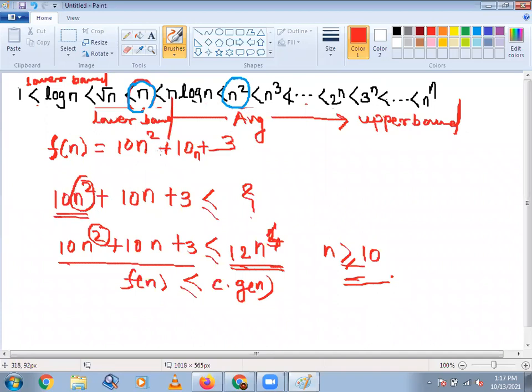Okay, suppose we draw the graph of these functions.